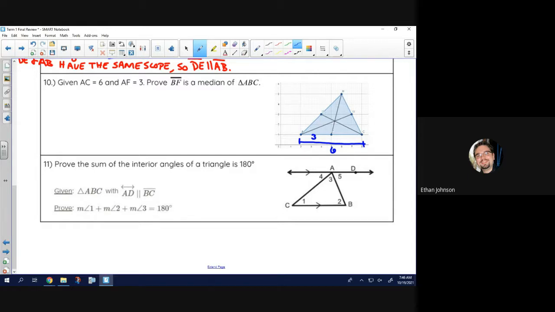And remember, paragraph proof is just using sentences to state it. So we can say, since AF equals 3 and AC equals 6, F is a midpoint.